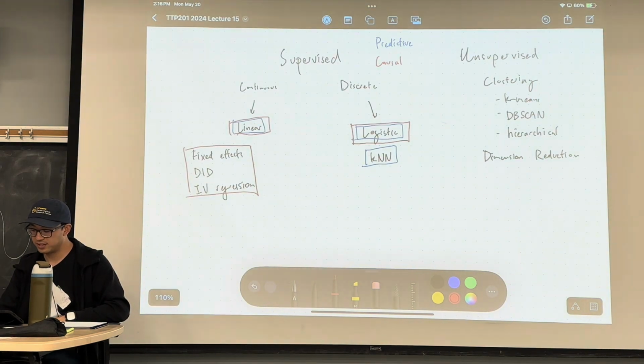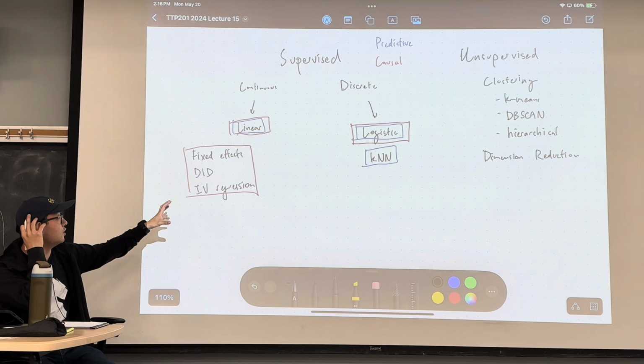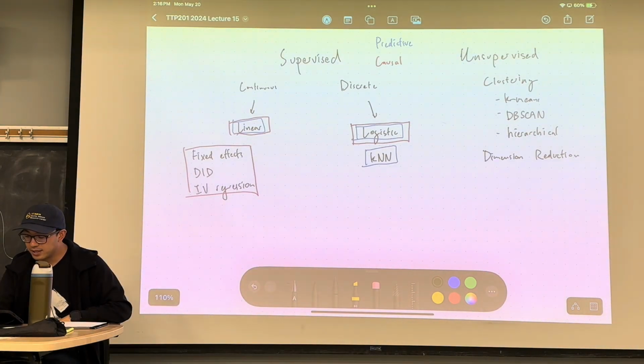These guys are definitely going to be more on the causal side of things. And then we talked about venturing more into non-parametric modeling. So what we have here: stepwise, polynomial, splines, and kernels.